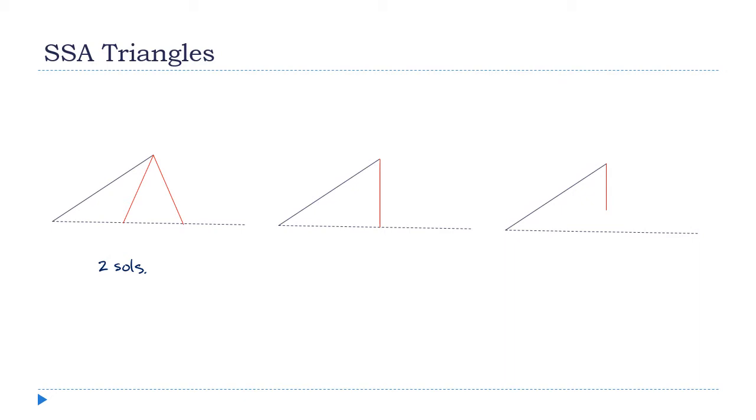It's possible that this side, when I start doing my rotation thing, is just tangent to this line, and I get exactly one solution. And over here, maybe that side length is just too short, and I end up getting no solutions. Three cases that we're going to have to be aware of.